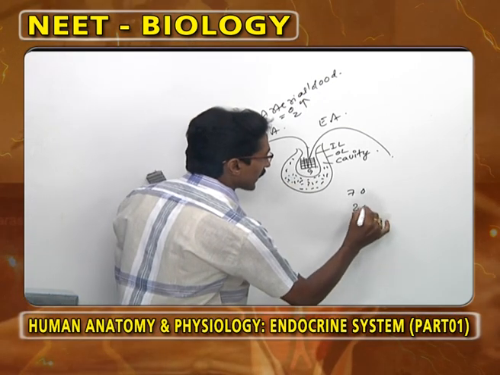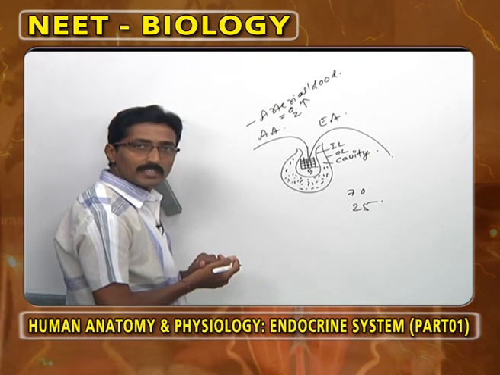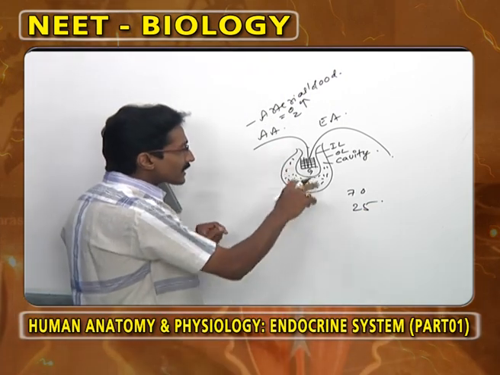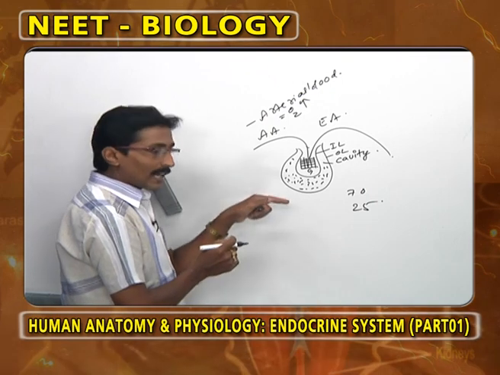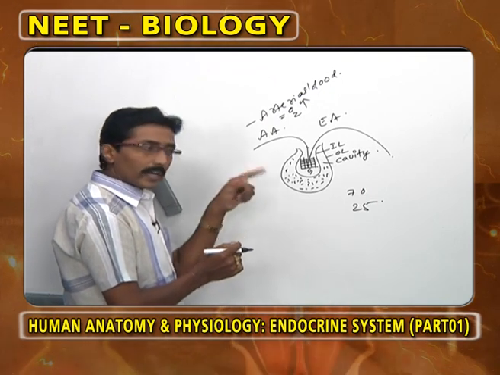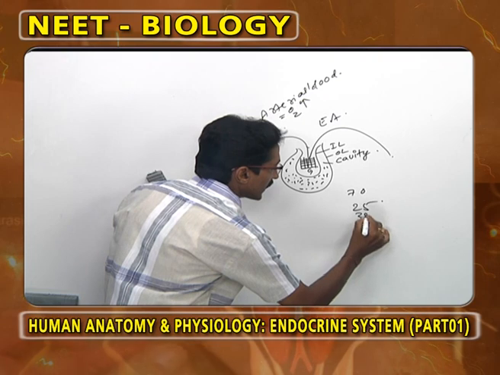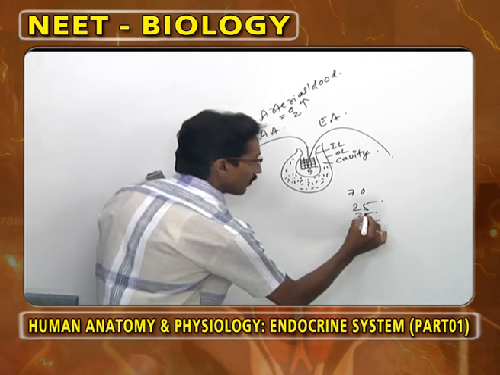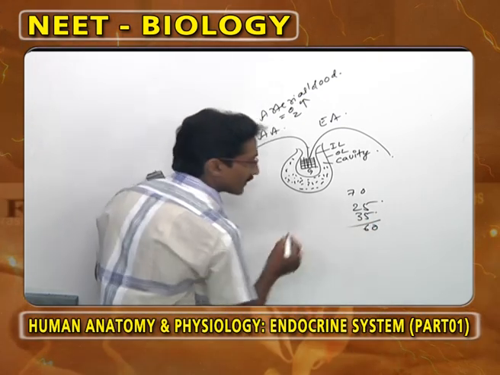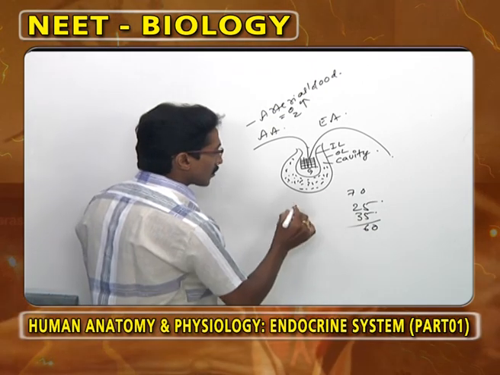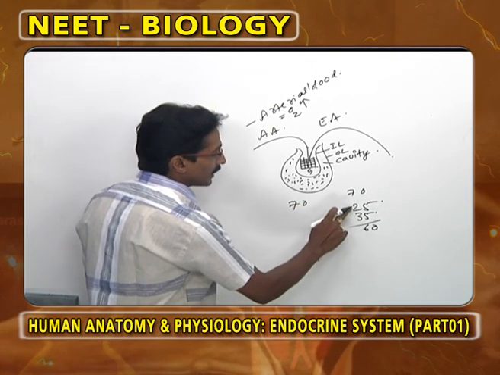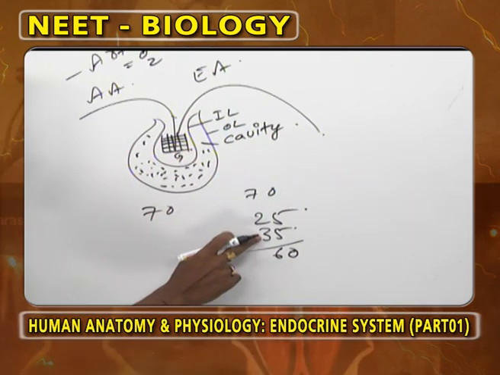That we call 25 mmHg. Because of the proteins, the blood has a colloidal pressure, that we call 35. Now we are getting 60. Now what is the hydrostatic pressure? 70.